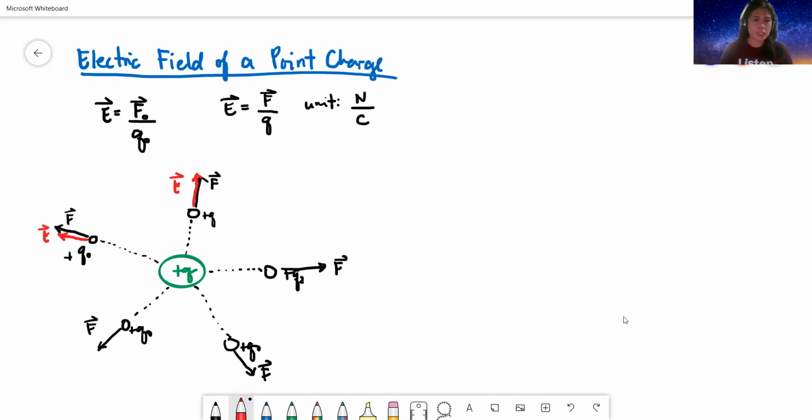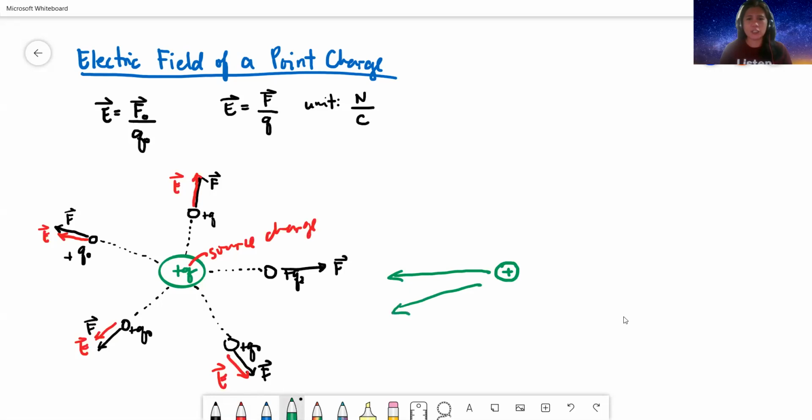So if we now sketch the electric field of the source, this is your source charge, and the smaller charge is a test charge. There's also the electric field. This is what we showed, and you can see this in any physics book in the electric field discussion: for a positive point charge, the electric field is directed radially in all directions.